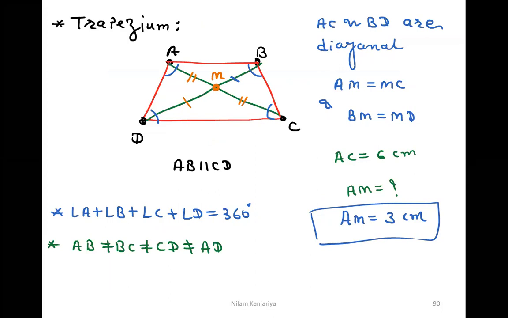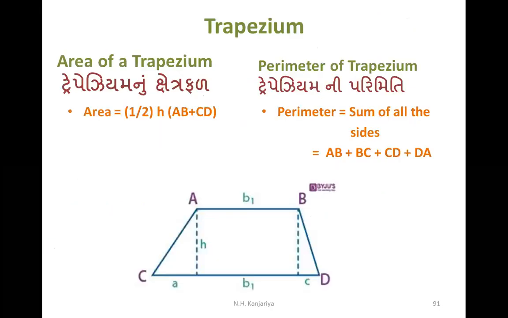Now we're moving on to the formulas of the trapezium for finding the perimeter and the area. Look at the formulas. This is your trapezium. Perimeter is just the sum of all sides. And the area of the trapezium is 1/2 times height times (AB plus CD).